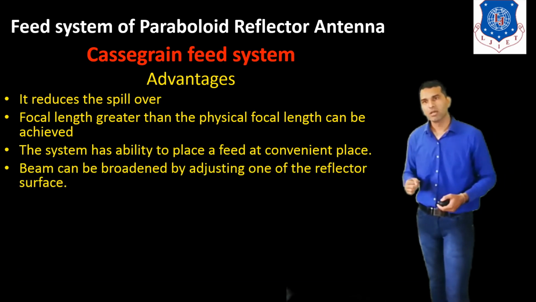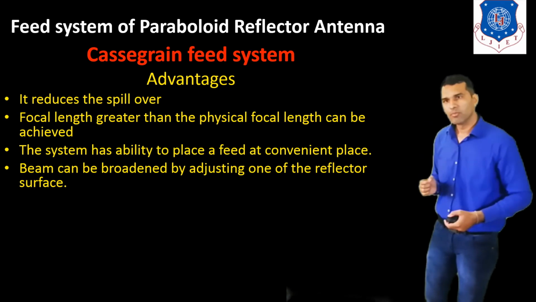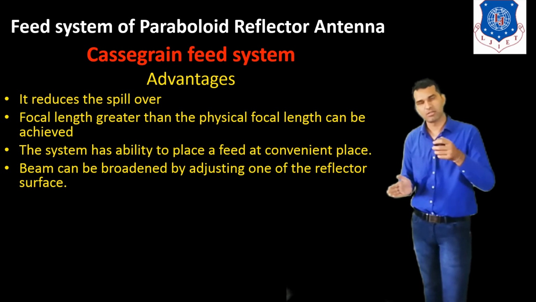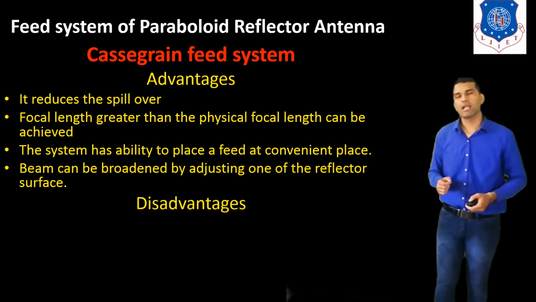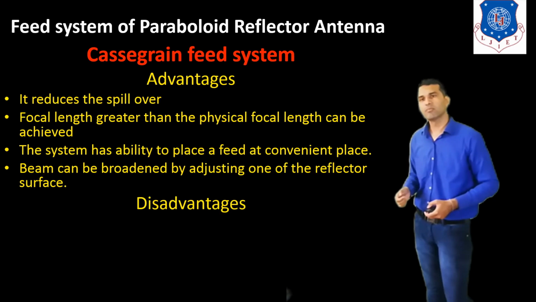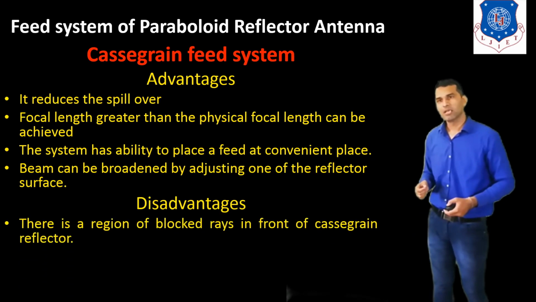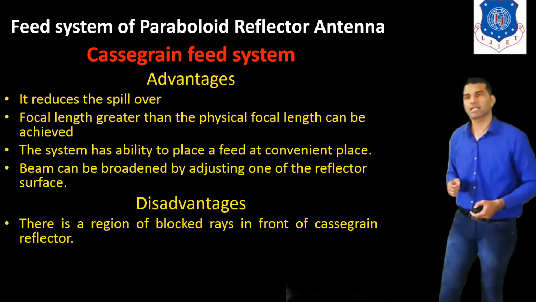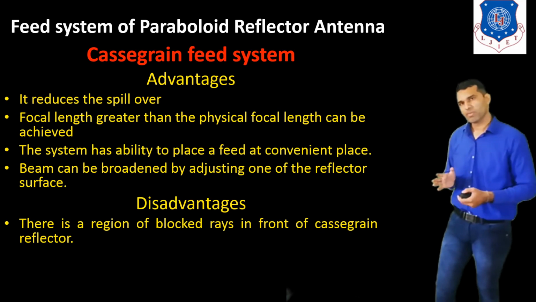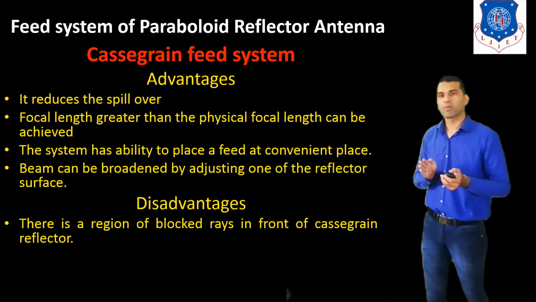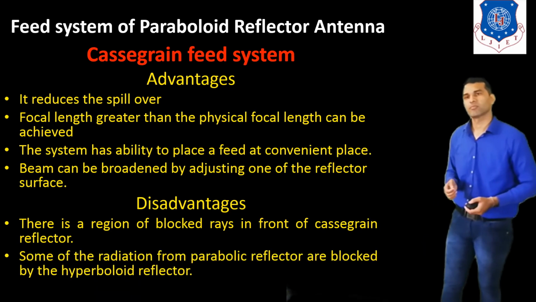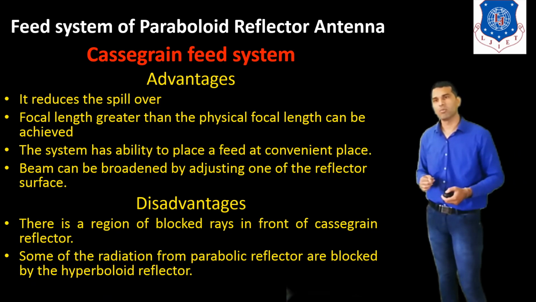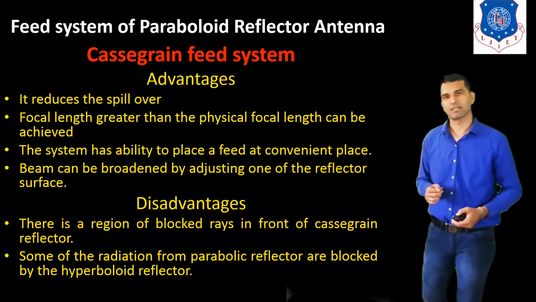Next, the beam can be rotated by adjusting one of the reflector surfaces. Now there are some disadvantages of this feeding system. The first is that there is a region of blocked rays in front of the Cassegrain reflector. Some of the radiation from the parabolic reflector is blocked by the hyperboloid reflector.